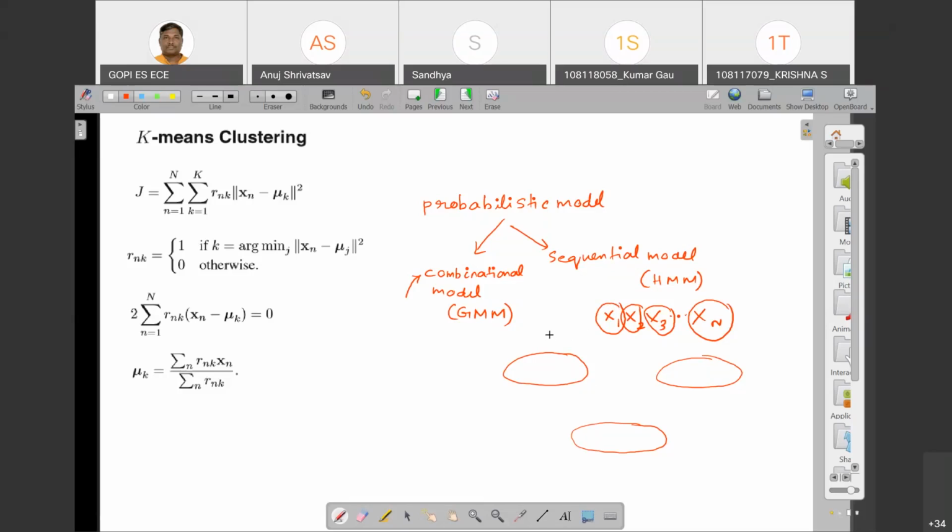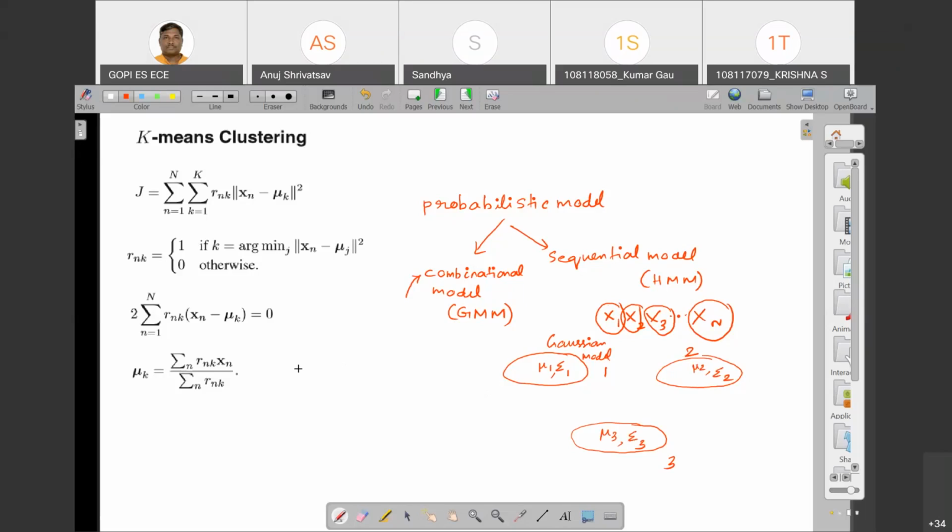This is Gaussian model 1, this is 2, and this is 3. Each has its own mean and covariance matrix, described here by mu1 sigma 1, mu2 sigma 2, and then mu3 sigma 3.